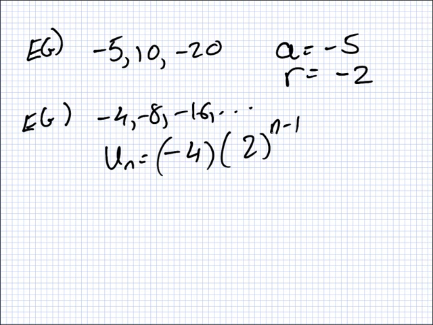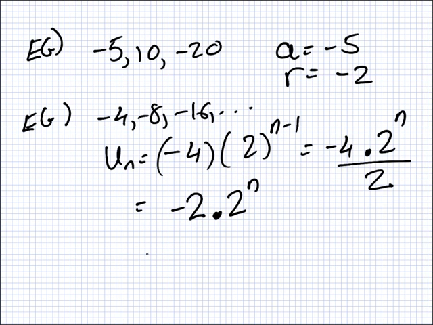Now if you like, you can clean this up a little bit, because this will be minus 4 times 2 to the power n over 2, which would be minus 2 times 2 to the power n. And what could this be simplified to?